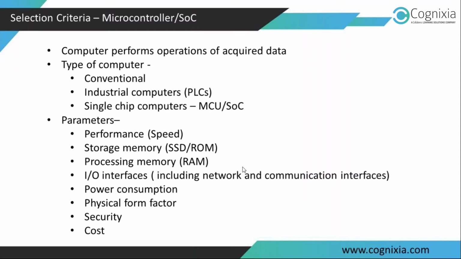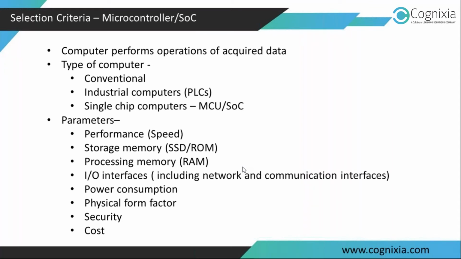Okay, so the parameters that have to be taken into consideration are performance, obviously, speed, and there are two ways of measuring speed of a computer system. Either it is mentioned in the form of clock speed, gigahertz, right, or it's going to be mentioned in the form of throughput, millions of instructions per second, MIPS.